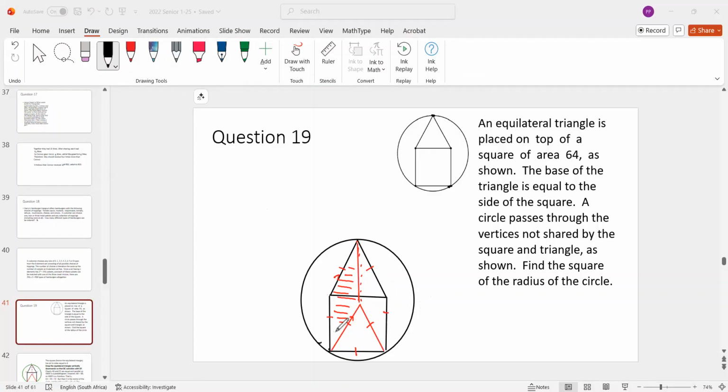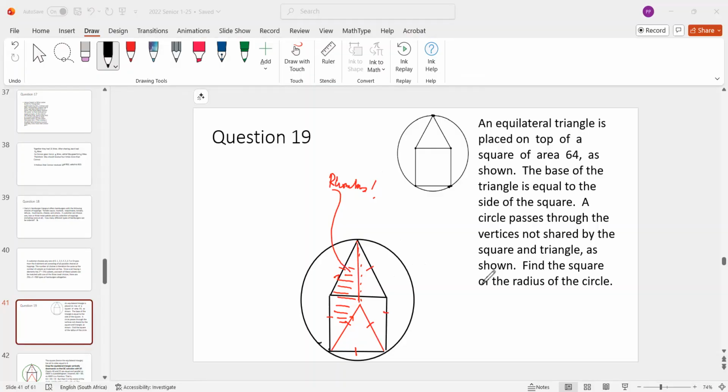But now, two adjacent sides of this parallelogram are equal. Look here. This is equal to this. Now, when you got a parallelogram whose adjacent sides are equal, then it's a rhombus. That shaded part is a rhombus.